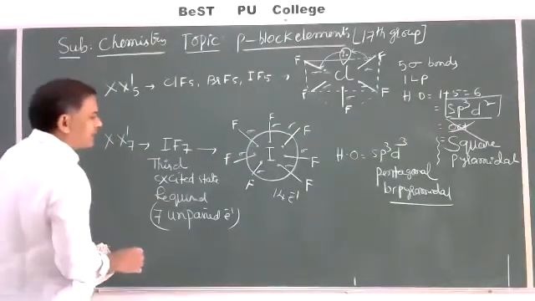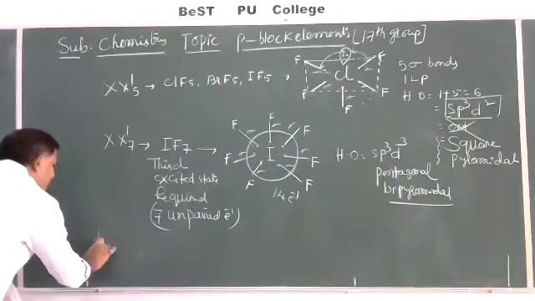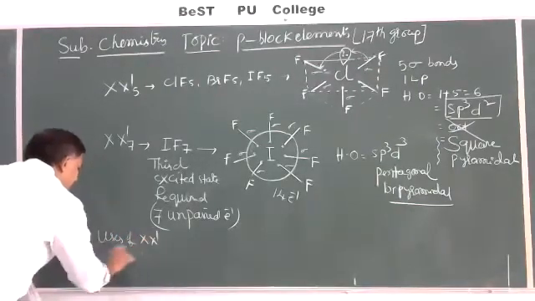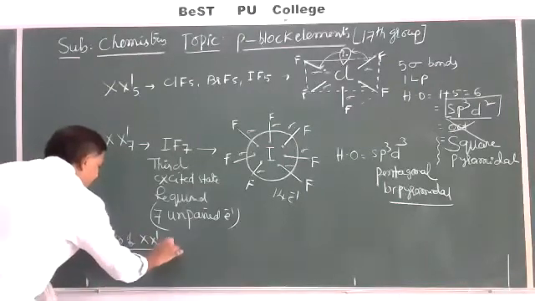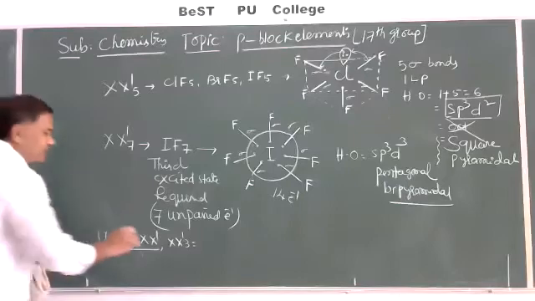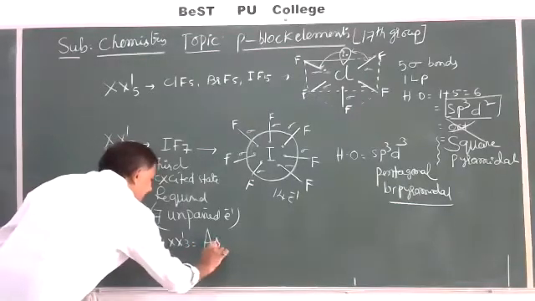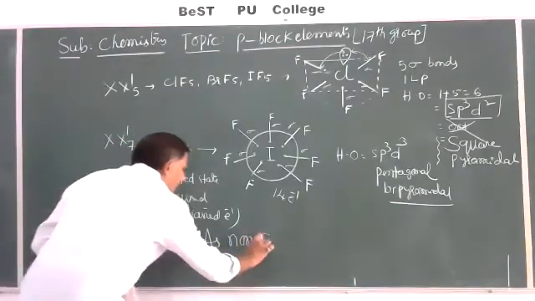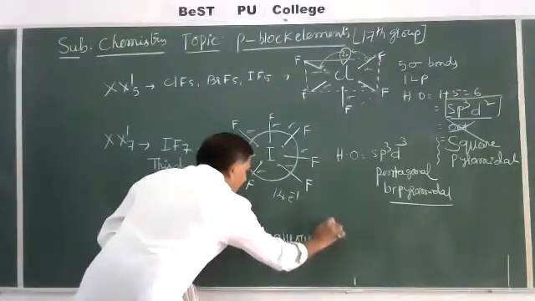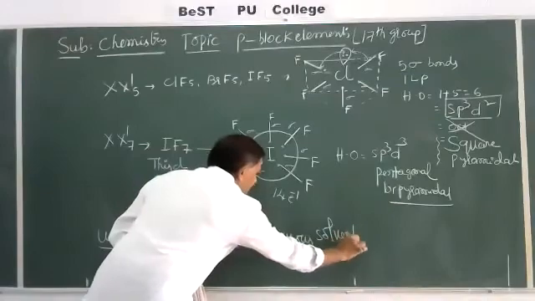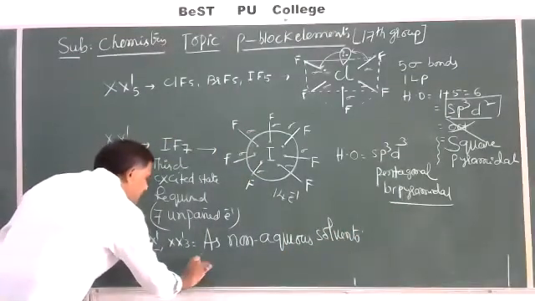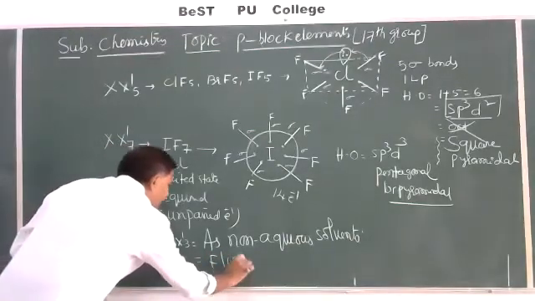For all these interhalogen compounds, limited uses are there. These are used as non-aqueous solvents, and these are used as fluorinating agents.